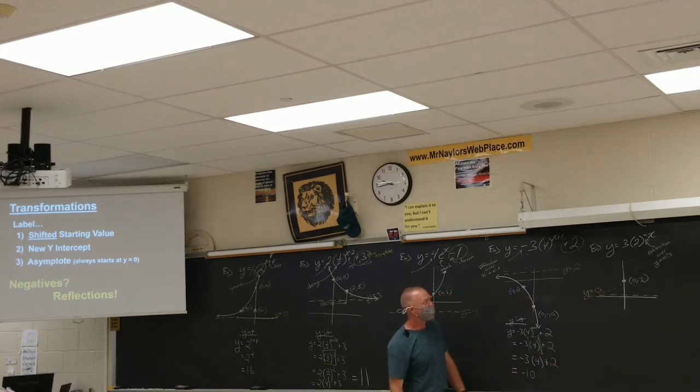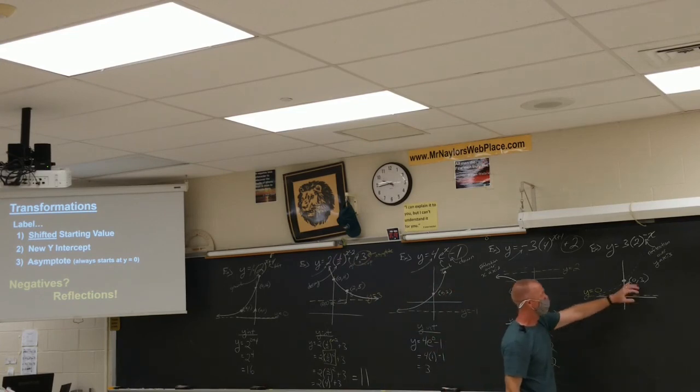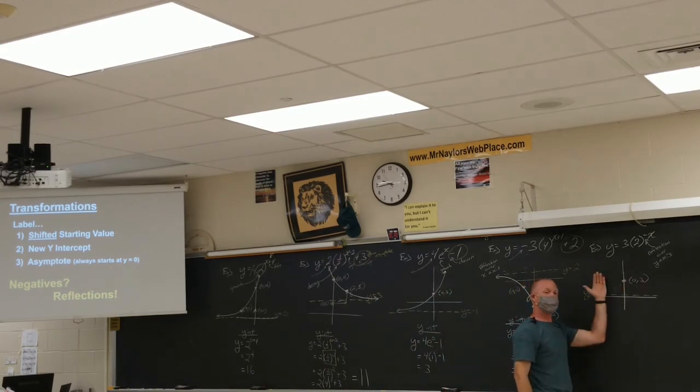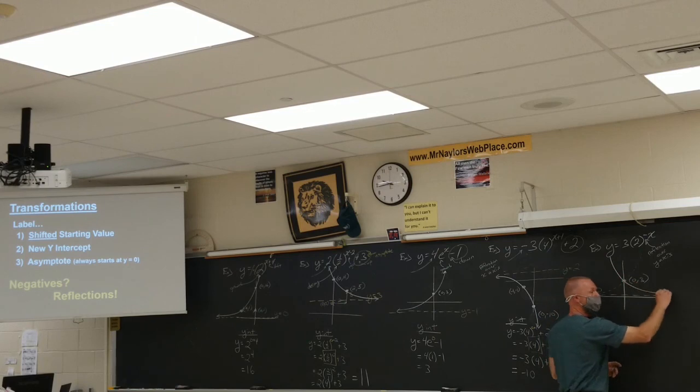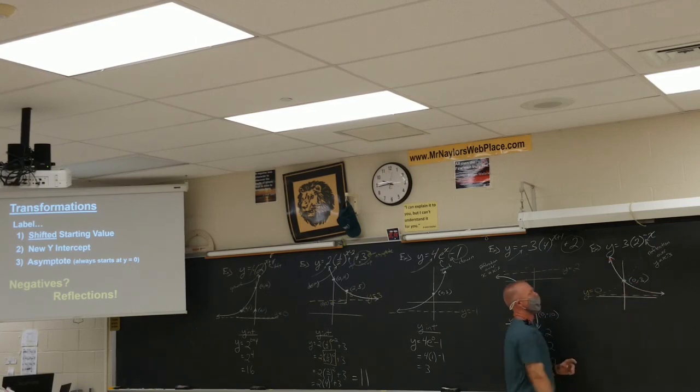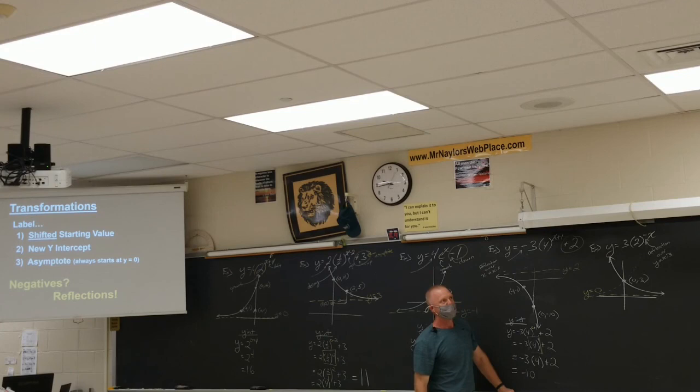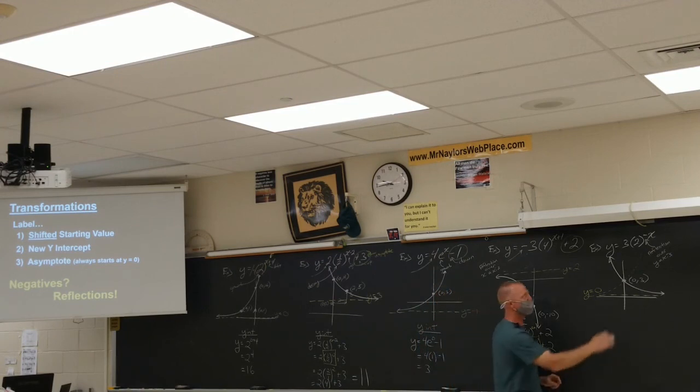If you take this dashed line and you reflect it over the y-axis, you're going to fold it this way, and it's now going to go this way. That graph looks familiar.